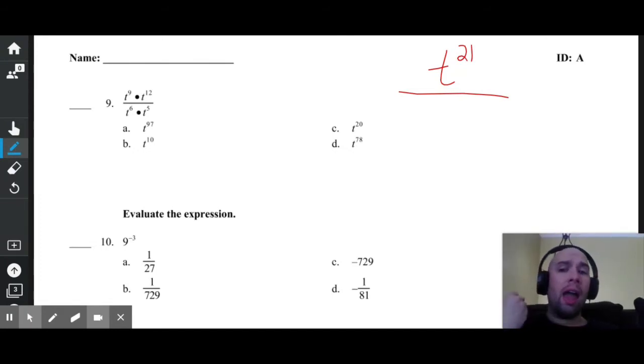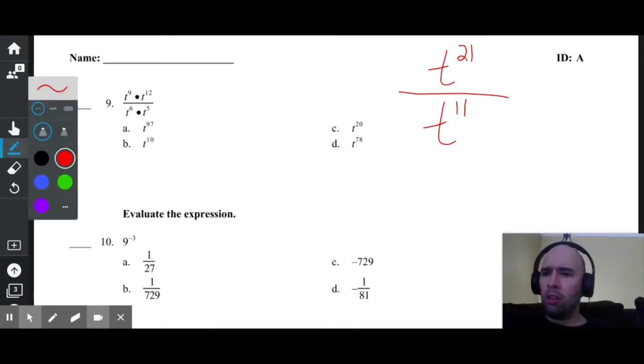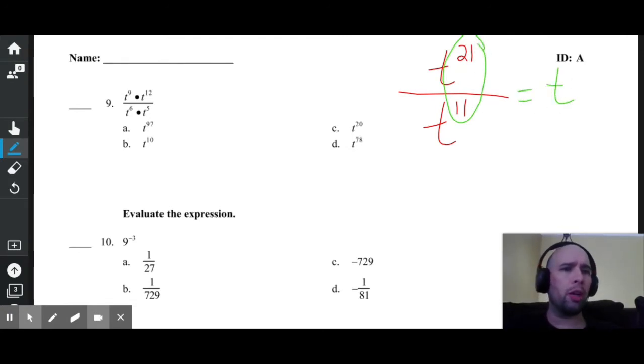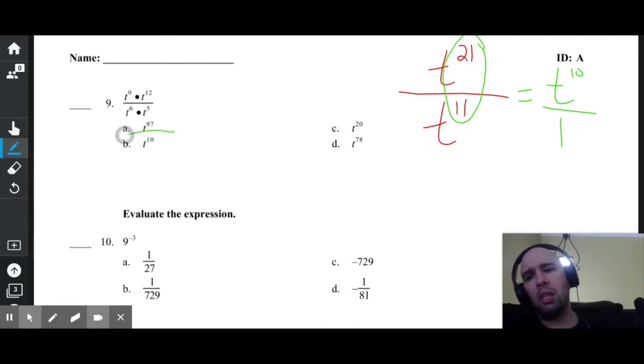Downstairs, I have 6 T's in one room, and I have 5 T's in one room. It's a combined total of 11 T's because I add the exponents. When you have a letter on top that's the same as a letter on the bottom, you subtract the exponents. The top is more powerful, so keep it on the top in the numerator. 21 minus 11 is 10. T to the 10th over 1 is just t to the 10th. B.